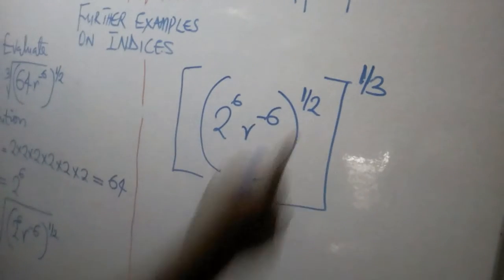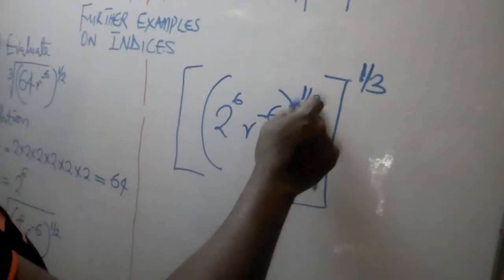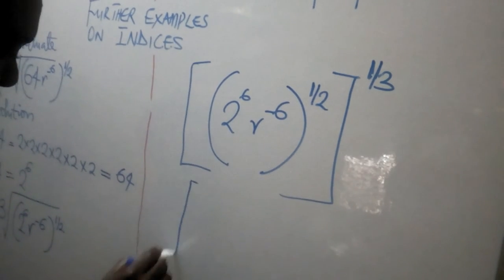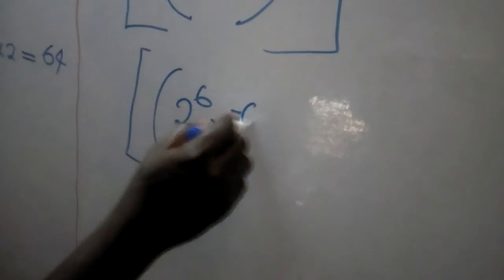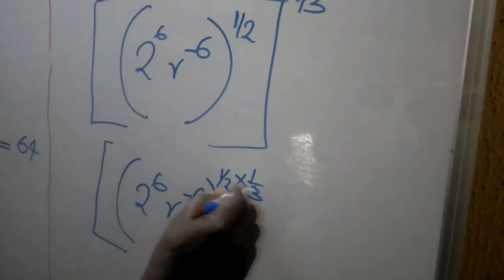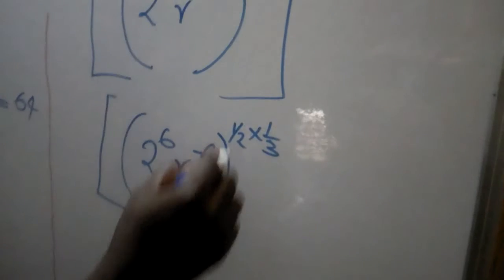So if it's 1/3, this will multiply this first. You have to treat this first, so that you now have 2 to the power of 6, to the power of minus 6, into, if this one multiplies it, you now have a half multiplied by 1/3. That's what you have.